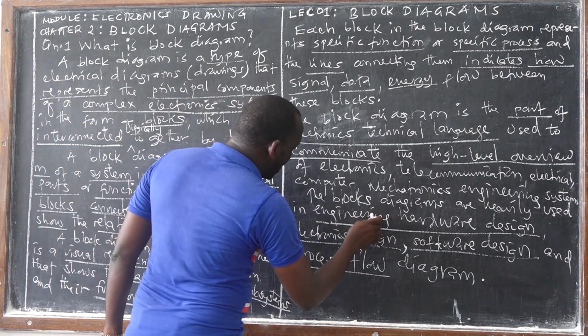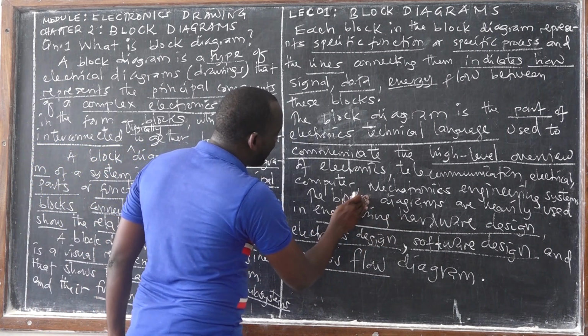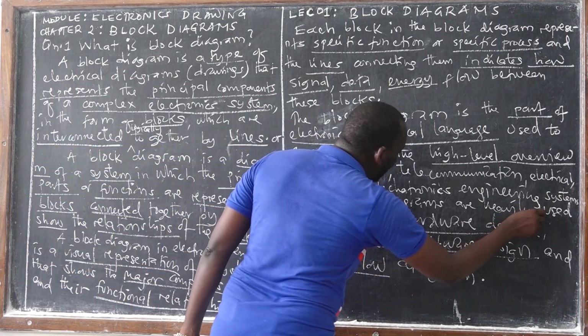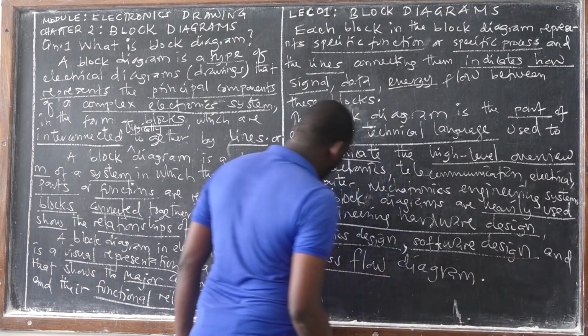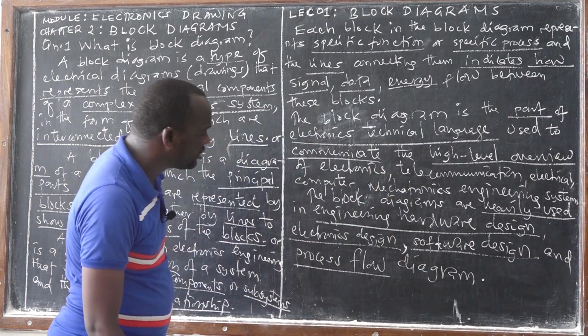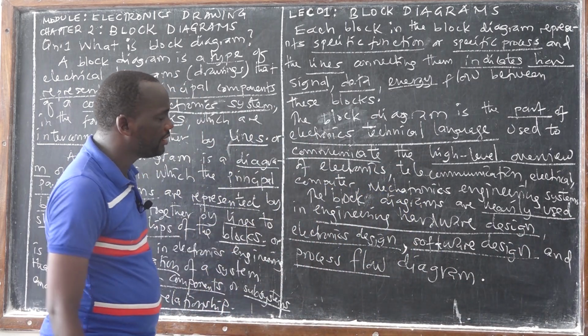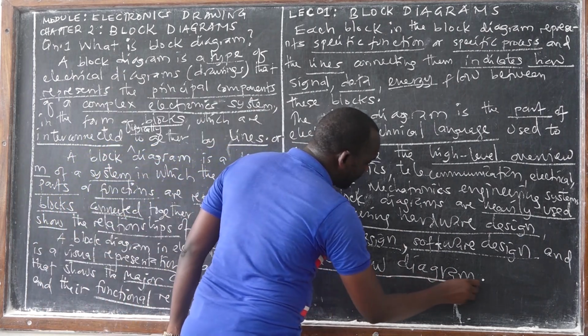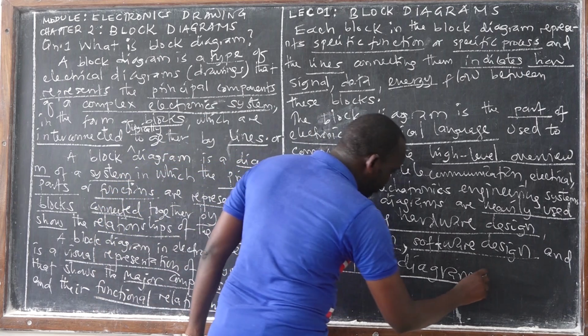The block diagrams, we don't have S here. Say the block diagrams. These are heavily used in electronics design, in engineering hardware design, in software design, and process flow diagram, and even in control system design.